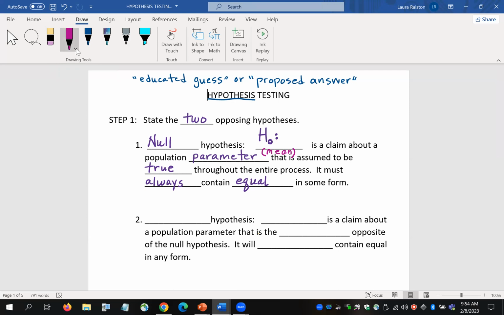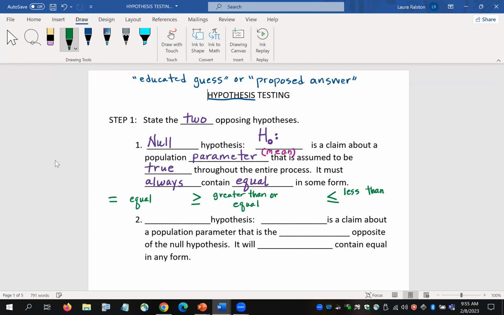The other piece that is very important here is that your null hypothesis will always contain equal in some form. There are three options of the symbols that you could have in a null hypothesis. You could have equal, you could have greater than or equal, or you could have less than or equal.